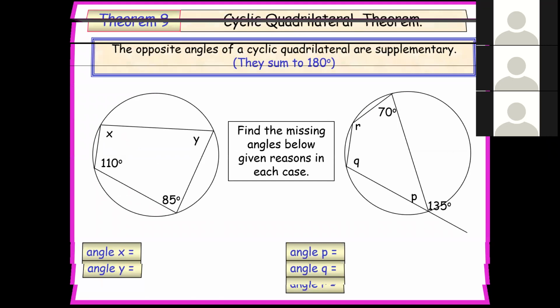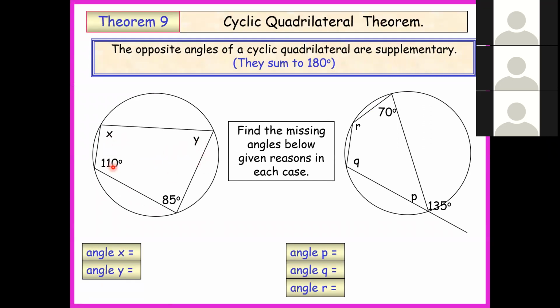And that would give me X. To find Y, I will take 180 minus 110. And if we look at the other diagram, to find angle Q, I can take 180 minus 70. There's our cyclic quad, 4 points touching the circle. So we're going to use the fact that the opposite angles of a cyclic quad are supplementary.